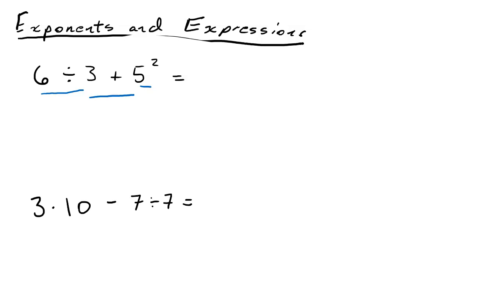So if we look at our rules, we have PEMDAS, so P parentheses, there are none. So then we move on, E exponent, okay, we have an exponent. So that means that this equation is going to be 6 divided by 3 plus, we do the exponent, so 5 times 5 is just 25.